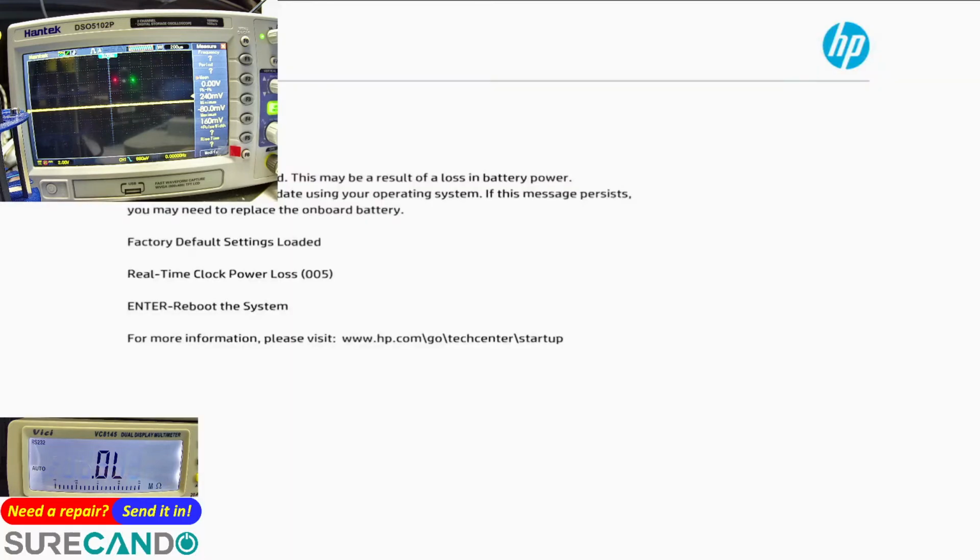Get a keyboard and mouse. Okay, we only got 2 ports.